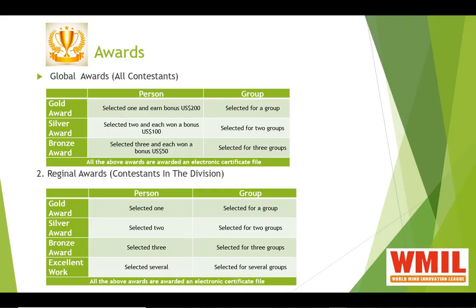This is our award. We do have awards for the global awards and also for the regional award. Regional award may be in the country. Global awards are whole, totally. So you can check the details of the awards.